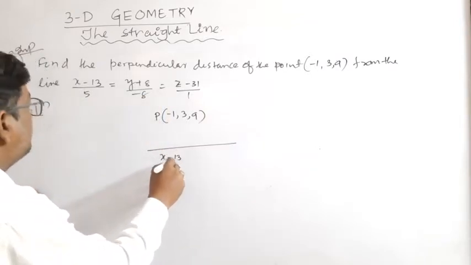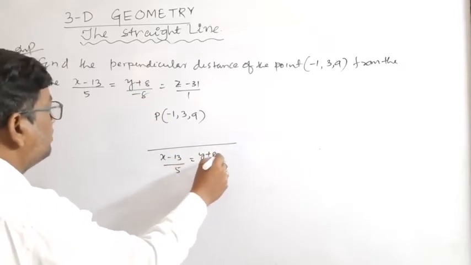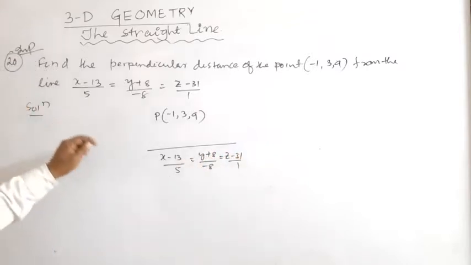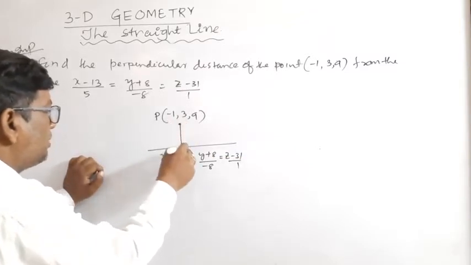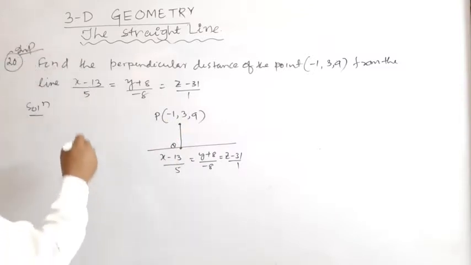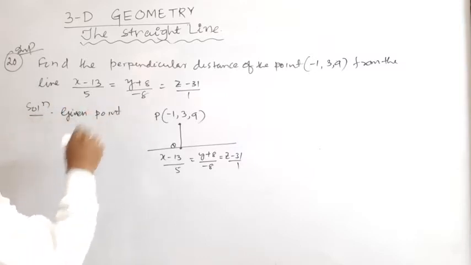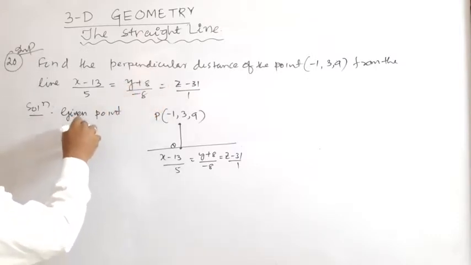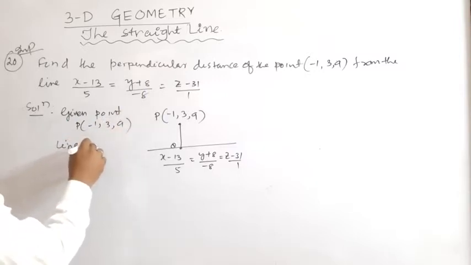Similar to the previous question, suppose this is the foot of the perpendicular Q. The same concept is applied here: the given point P (-1, 3, 9), and the line is as given.